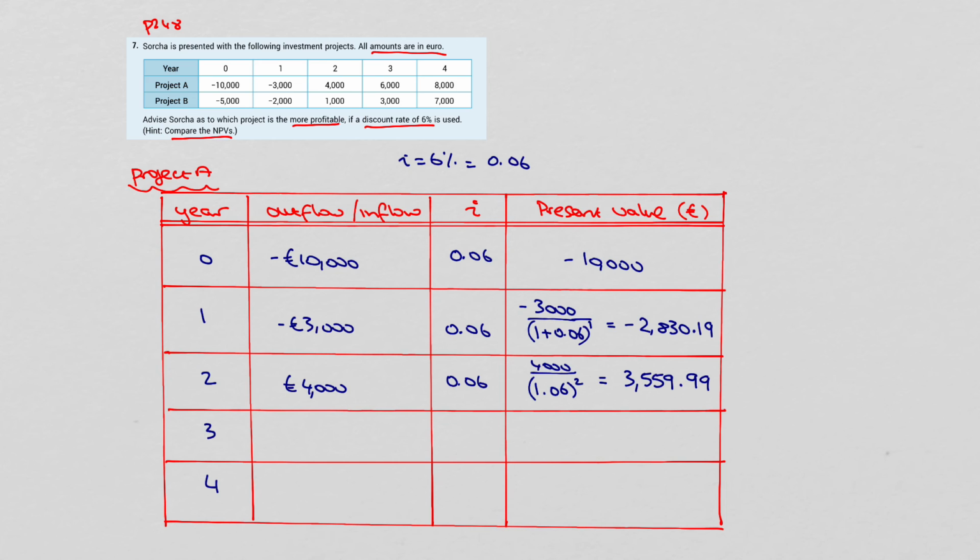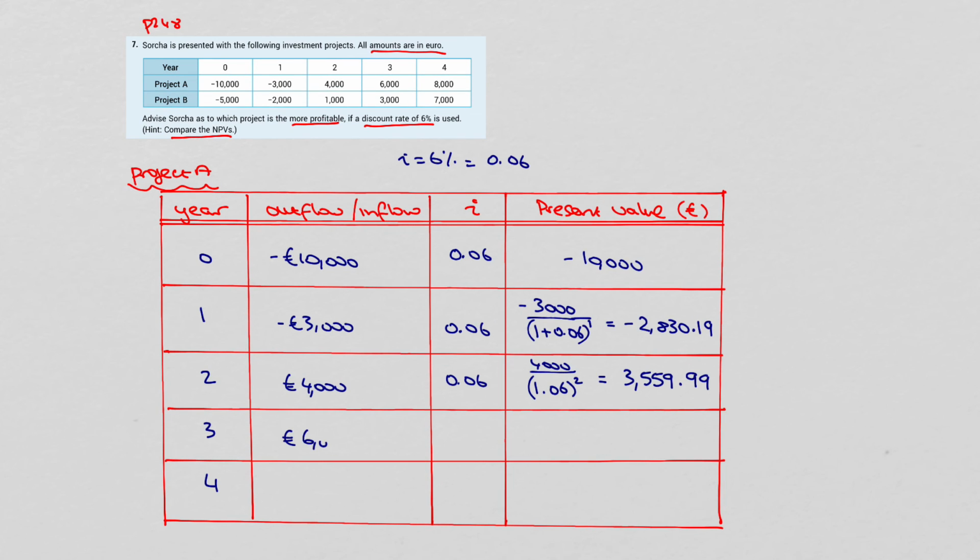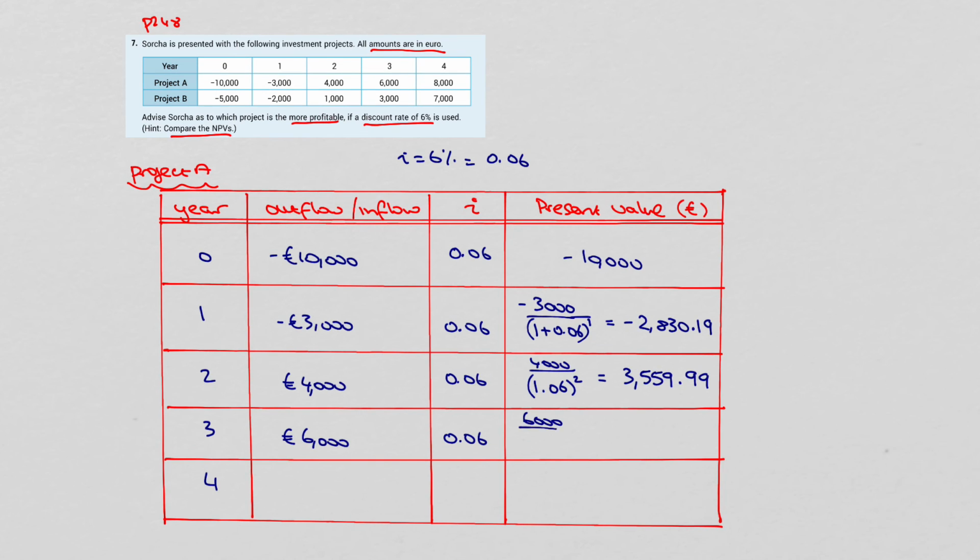Year 3, we have 6,000. We're going to discount that back 3 years. So if we discount that back 3 years, that's 5,037 euro and 72 cent.